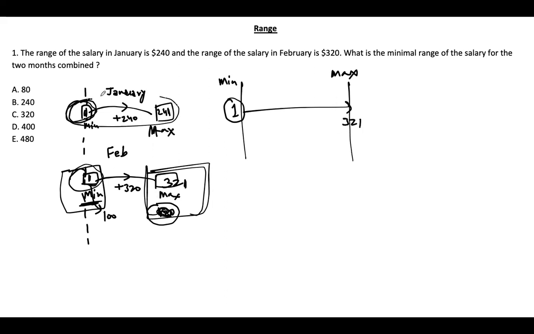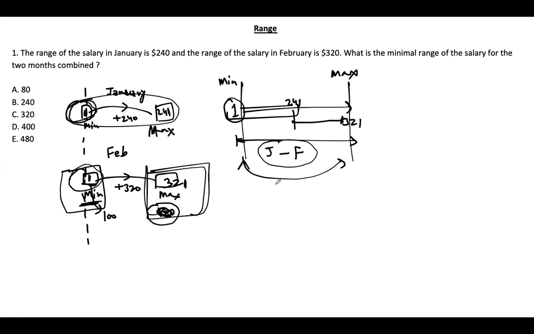So this is taken care of, right? All the values that are between 1 and 241, and also whatever the values are from 241 till 321, they are also taken care of. And this is for the whole January-February period. What is the range? 320. I hope this is clear. You can assume any value that you want.